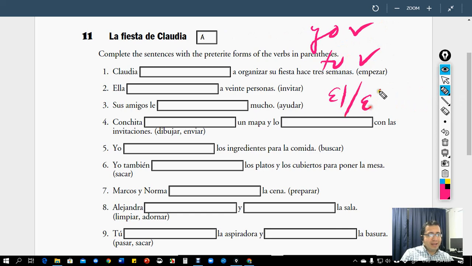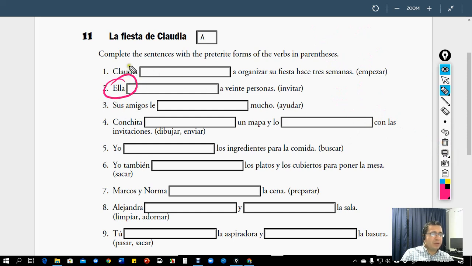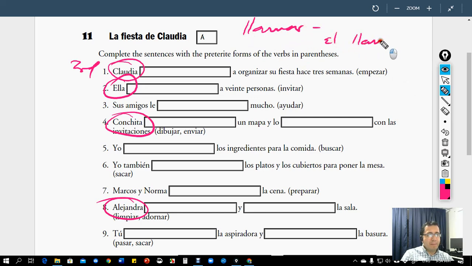Now, él and ella are next. We got an ella because Claudia is third person. Conchita, third person. Alejandra, third person. Okay, so in this case, Claudia empezó. And remember, when we use llamar as an example, él llamó.